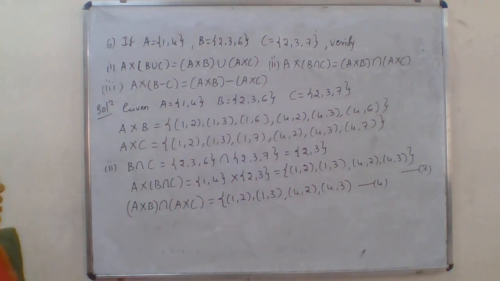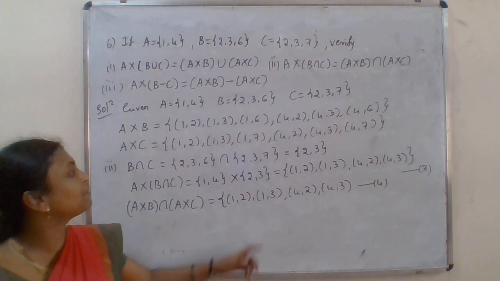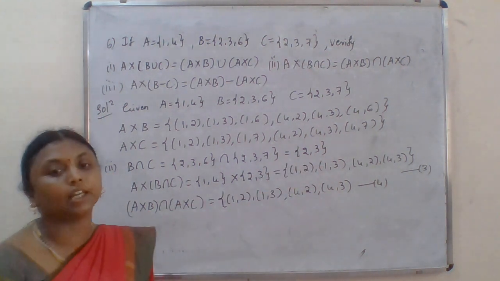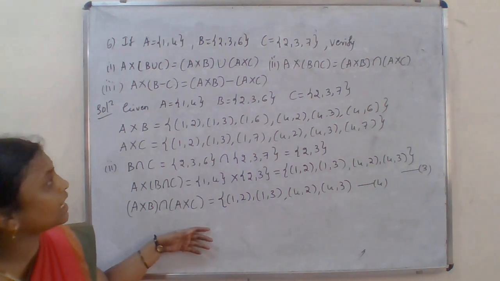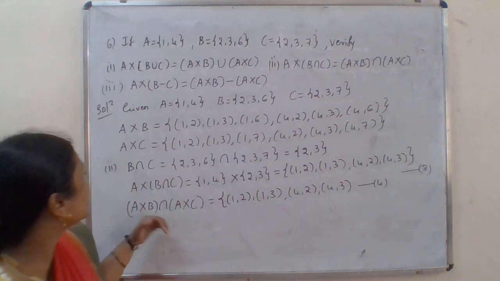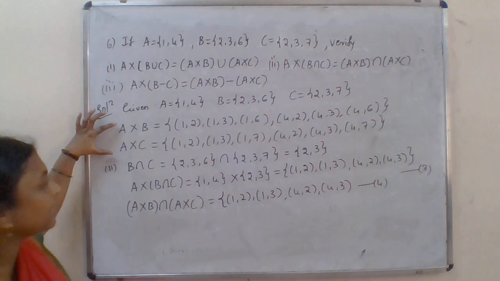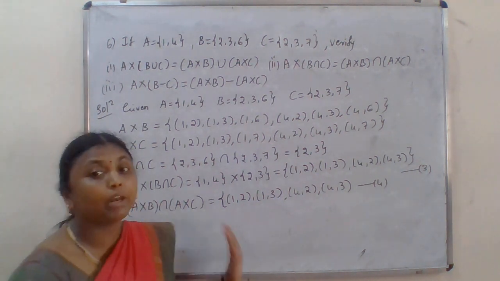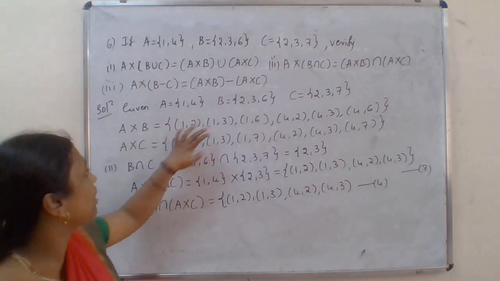So very easy one. A cross B intersection C means first you have to find B intersection C, then find A cross B intersection C. Then A cross B intersection A cross C, the RHS part. You have A cross B and A cross C. Intersection means you have to write only common elements. Common elements are 1 2, 1 3.